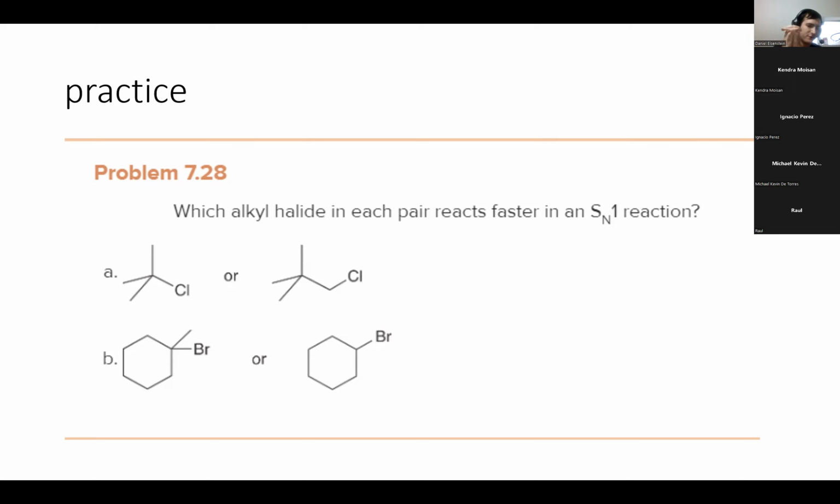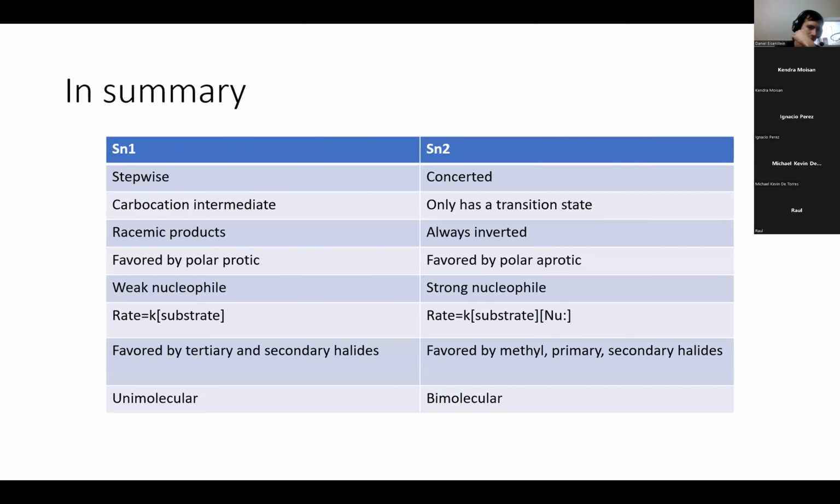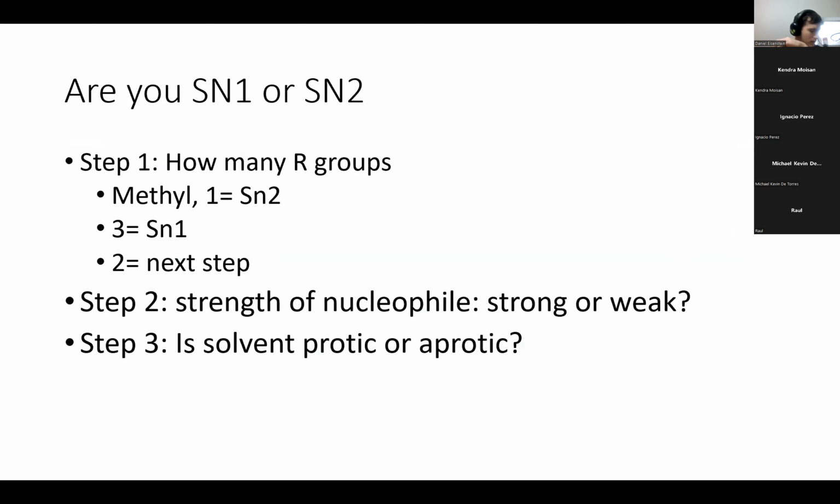Okay. Yeah, the answer for B is left. Here's a little graph showing a review of SN1, SN2, but you guys should already have all that on the Google Doc I gave you. But if you need to double check anything, it'll be here.